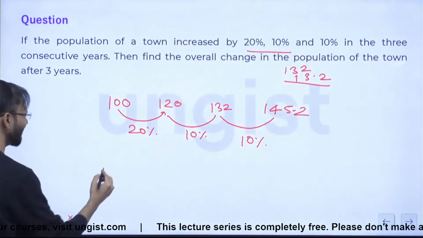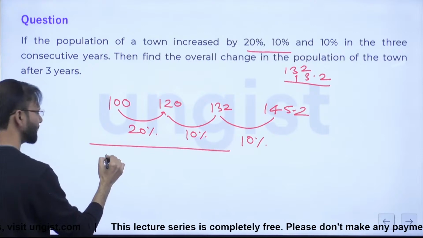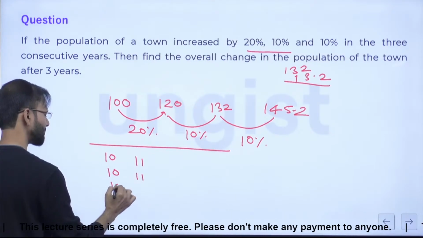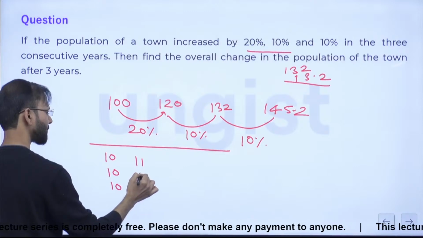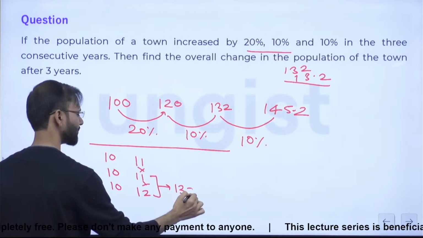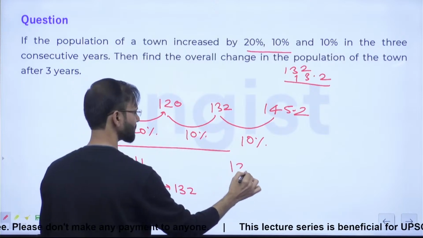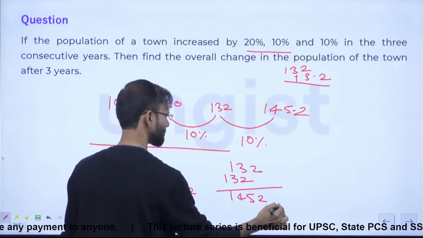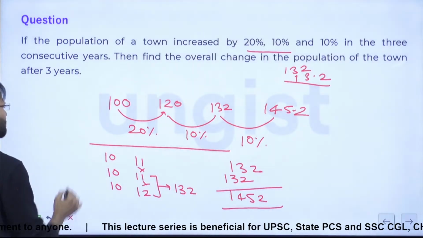Okay. And if I do like that, then 10 becomes 11, 10 becomes 11, 10 becomes 12, right? So we need to multiply this first. This will become 132, and 132 into 11 is 132, again 132. So this is 1452.